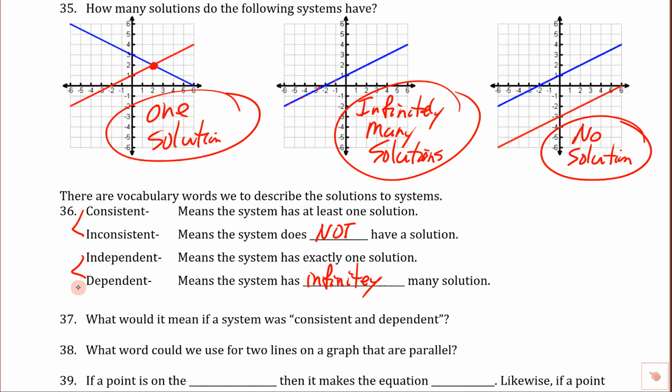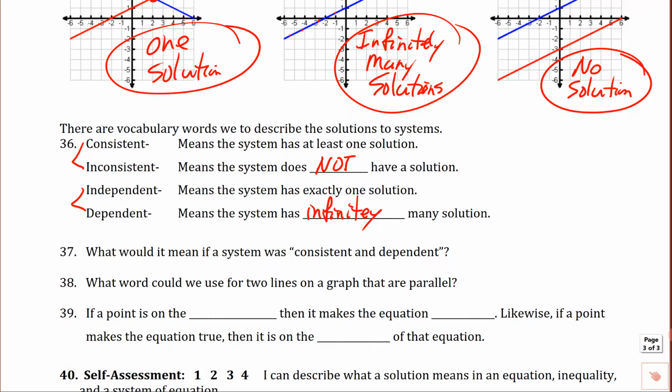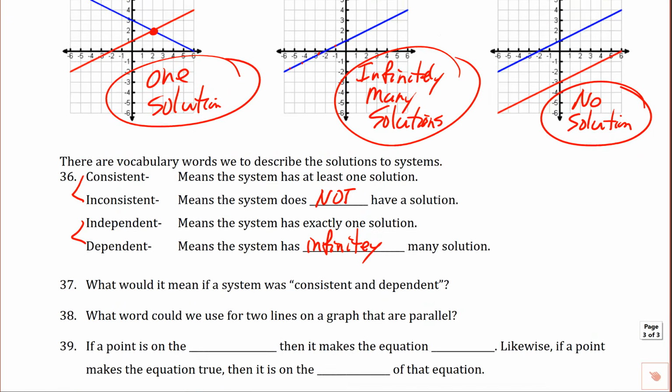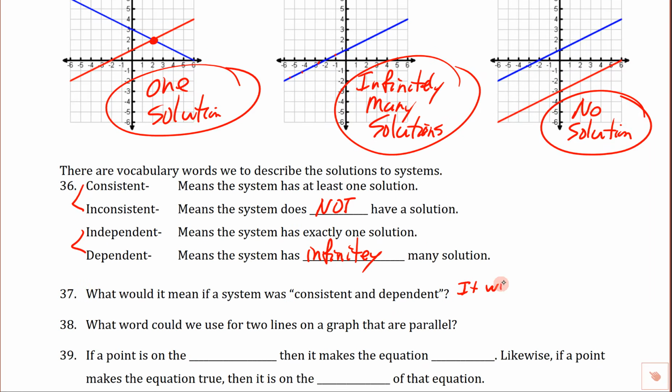Okay, so what would it mean if somebody said, hey, I've got a system that is consistent and dependent? Well, consistent means it has an answer, and dependent means it has infinitely many answers. So what we're going to write down here is this. It will have infinitely many solutions.